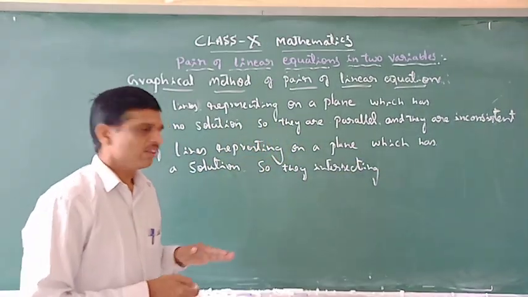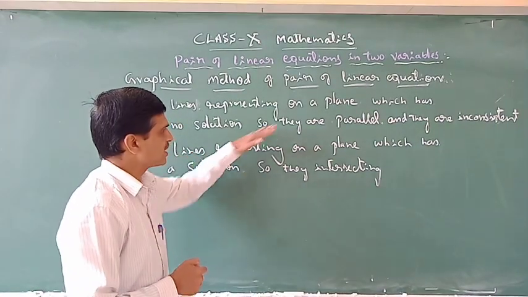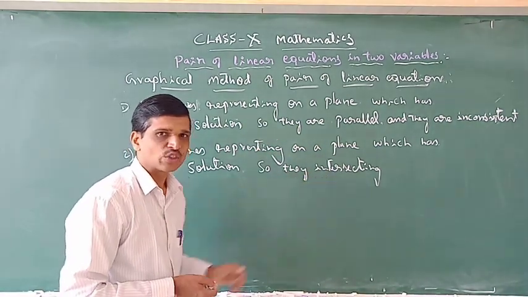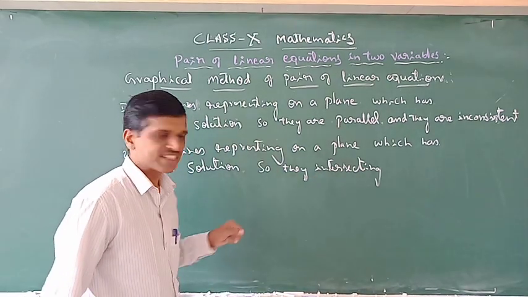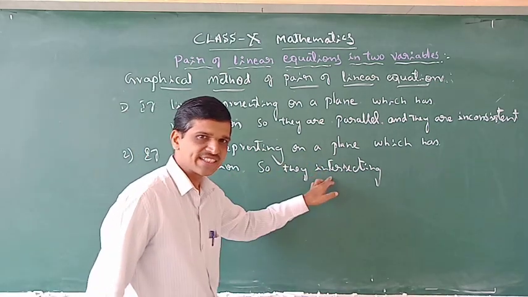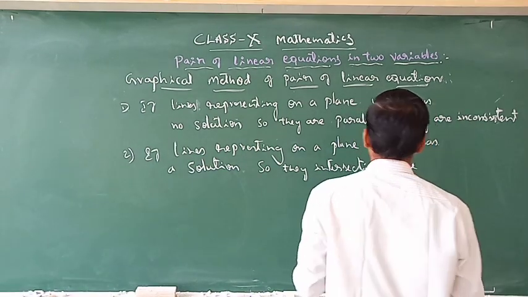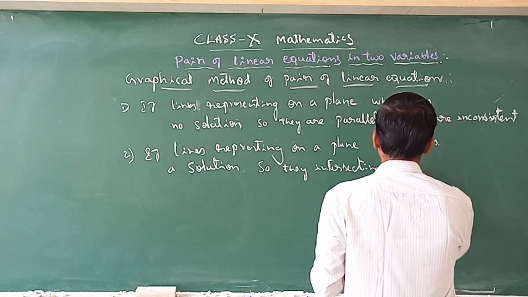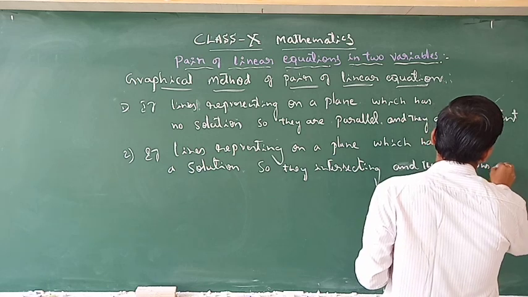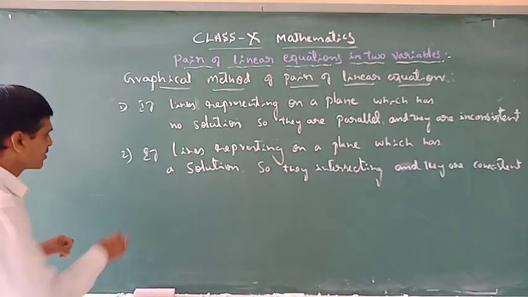The equations are in the form of straight lines. Here the two lines become intersecting when you represent them on a plane. So the pair of linear equations are intersecting lines, and hence we call them consistent. Remember the words inconsistent and consistent.